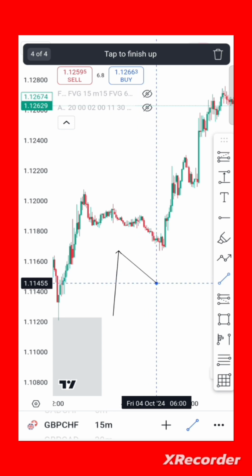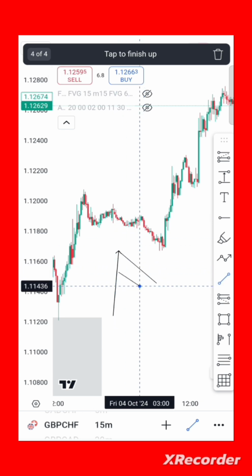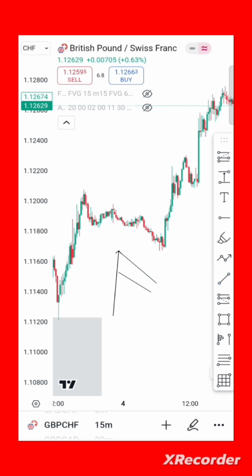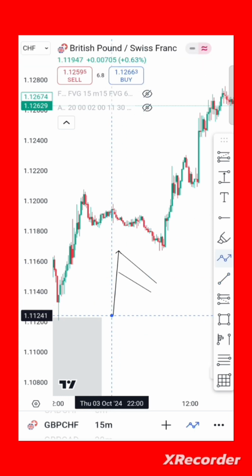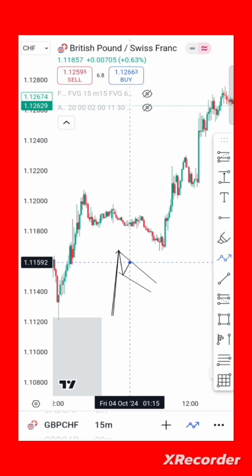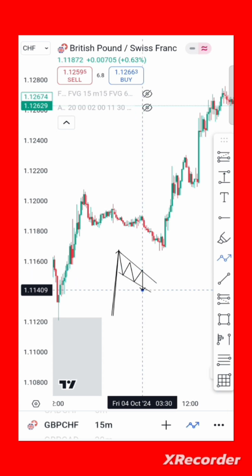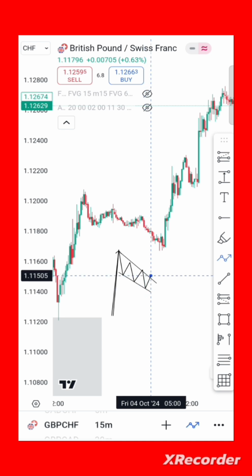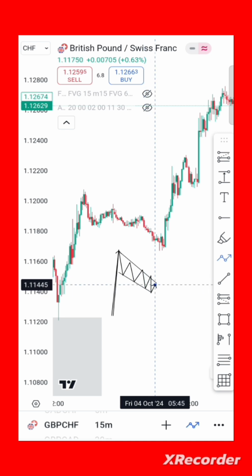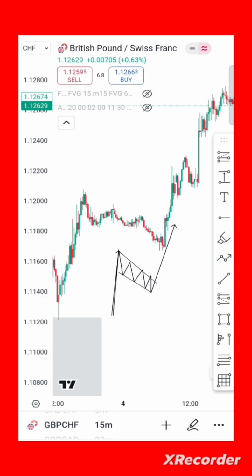We draw a trend line, and price retraces inside it. What we expect is the market would move up this high, dance inside this trend line, and then come to a point where it breaks out to the upside. This is what we call the bullish flag pattern.